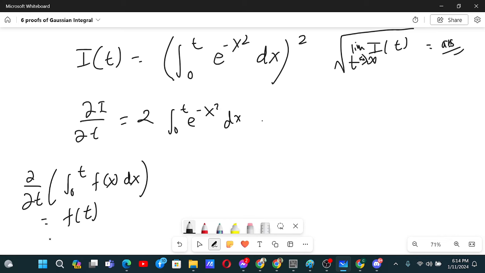Or rather, if the upper limit is a of something, then we would have f of a of something times dA by dt, minus f of 0 times d0 by dt. It will be something like this, so that's why it's f of t. So this will be f of t.